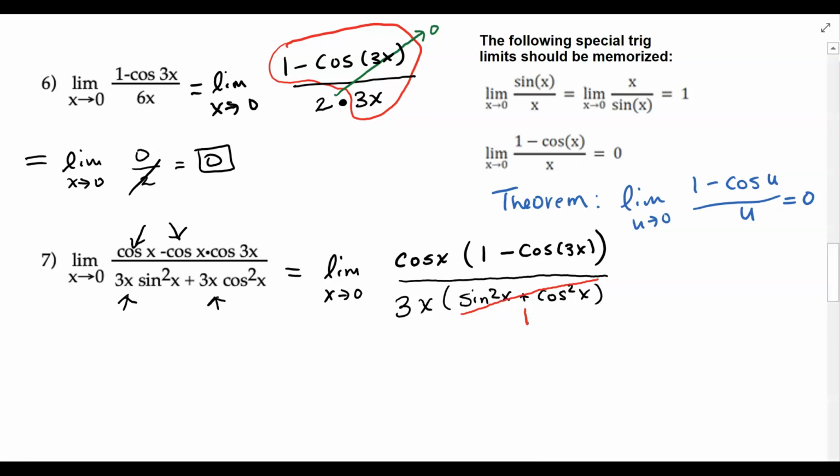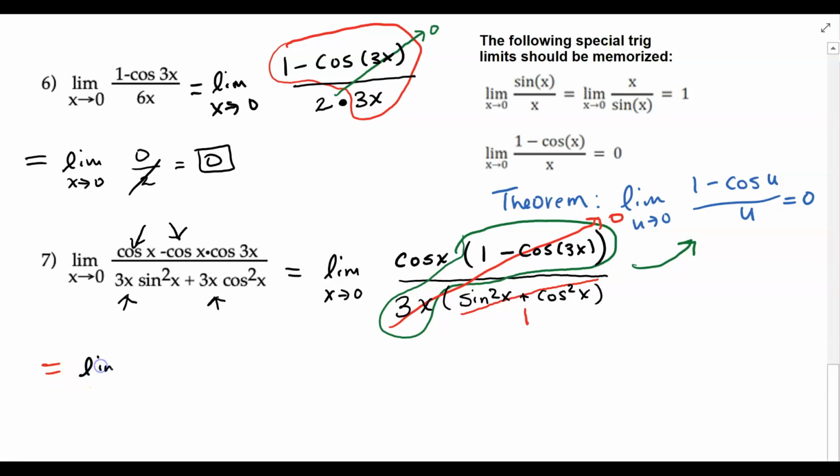The next thing that I notice is that I have this right here, and I'm going to put a ring around it: 1 minus cosine of 3x over 3x, which follows my limit theorem. And that says that this all goes to 0. So I'm left with something that looks like this: the limit as x approaches 0 of the cosine of x times 0.